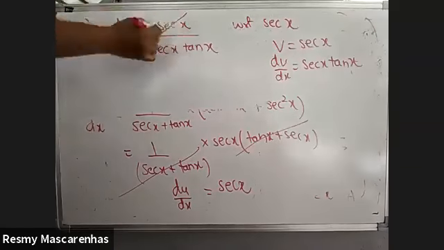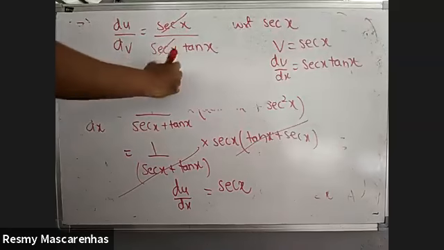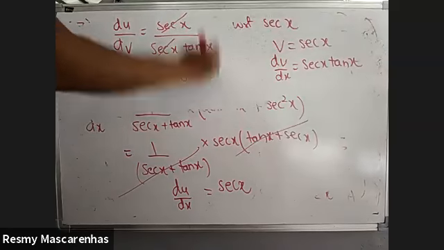Okay, so both the answers I have divided. 1 upon tan x is nothing but cot x.